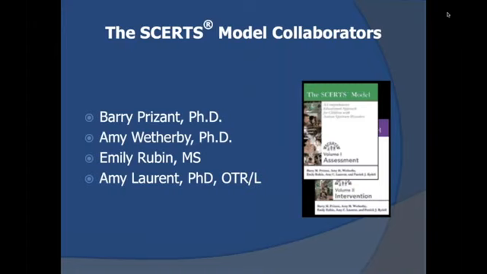And SCERTS is grounded in his dissertation practice. So in the 1970s, echolalia was still thought to be psychotic speech when we were thinking about autism and related social communicative disabilities. And Barry was working at a summer camp at the time for individuals with a variety of intellectual disabilities and learning differences.